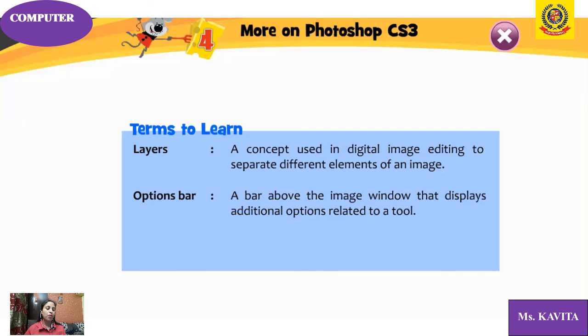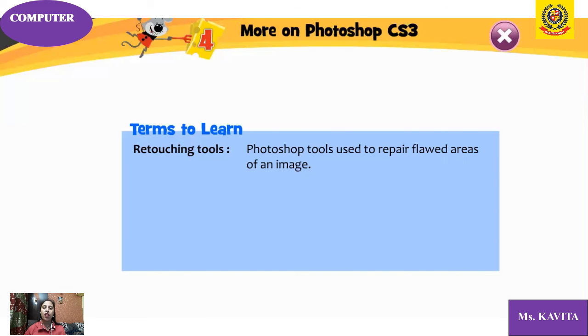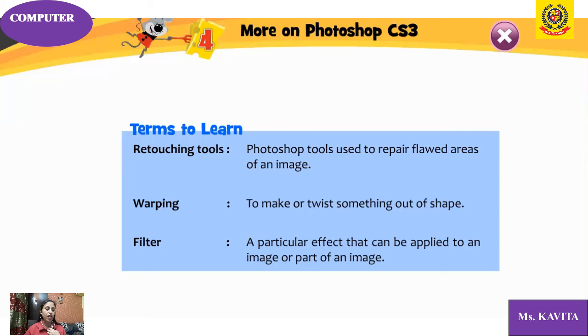Layers palette: a floating window in Photoshop used to work with layers in an image. Retouching tools: Photoshop tools used to repair flawed areas of an image. Wrapping: to make or twist something out of shape. Filter: a particular effect that can be applied to an image or part of an image.